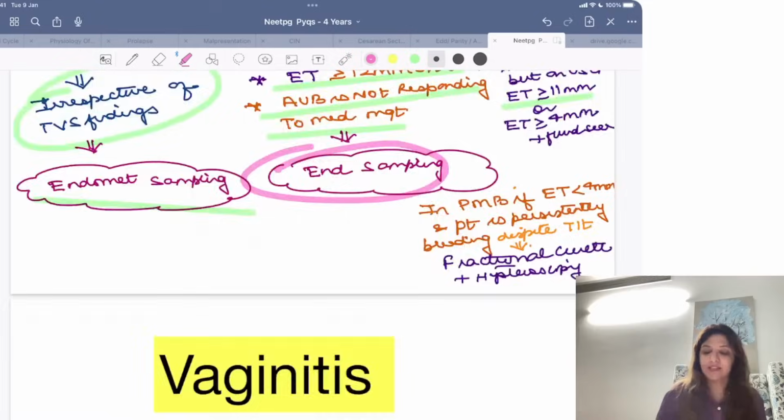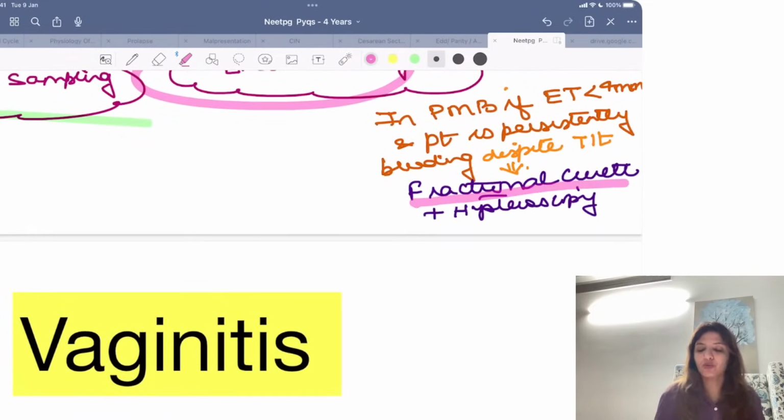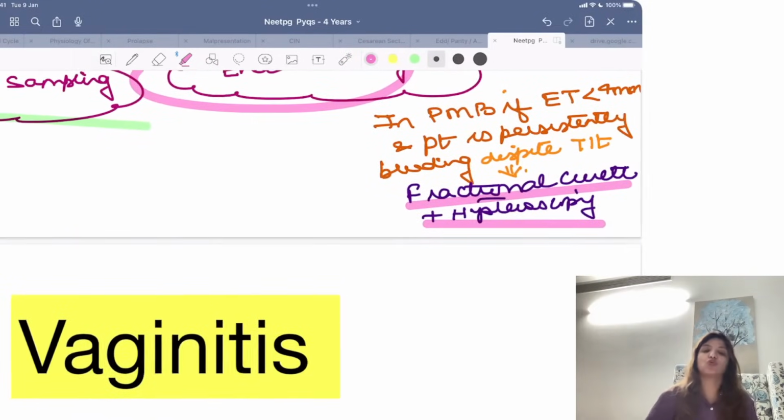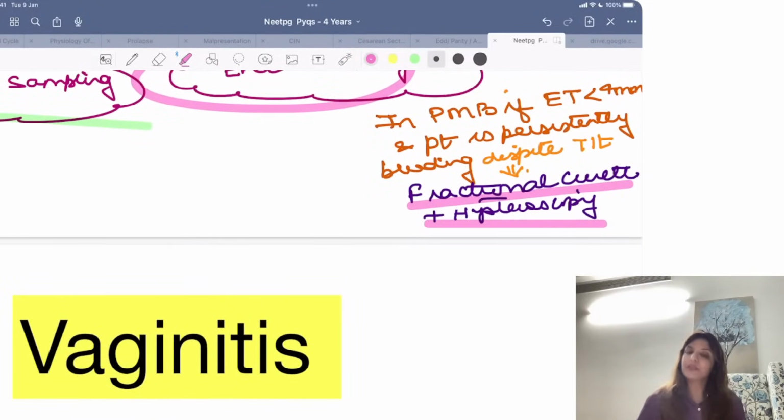So now my next step becomes fractional curettage and hysteroscopy. Clear? Clear to all of you? Yes, endometrial sampling is done to rule out endometrial cancers. You are right. Questions on vaginitis.